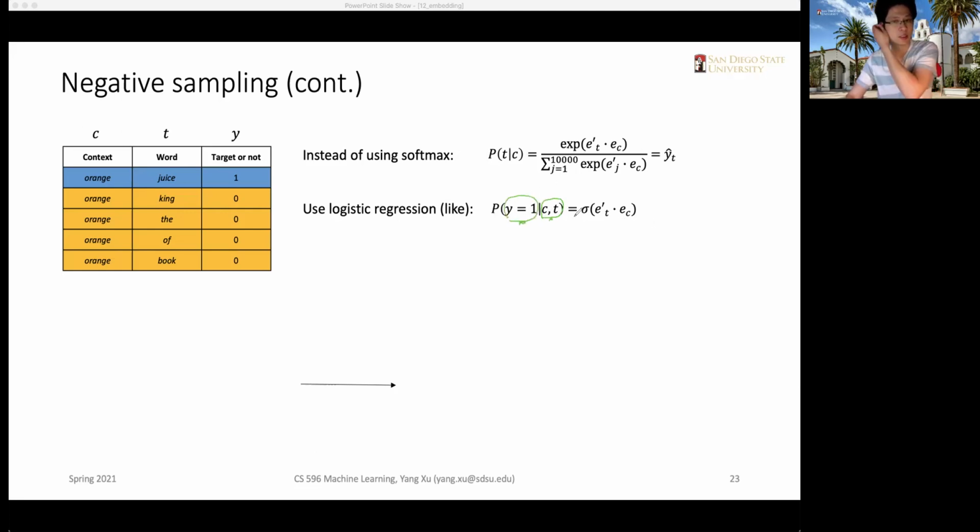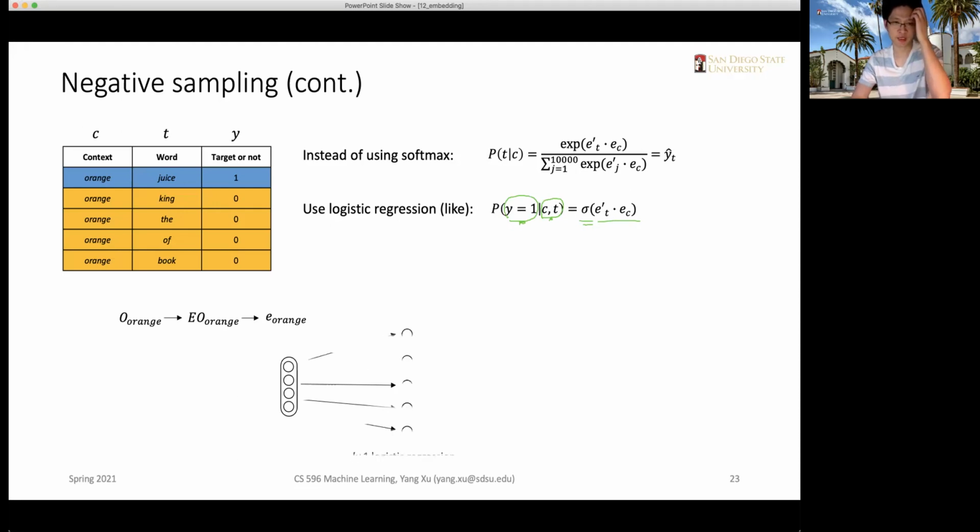It is the output from a sigmoid function. And if we visualize it, the orange vector looks like this, right? It is E times the 1-hot encoding of orange, which will give us the orange vector.